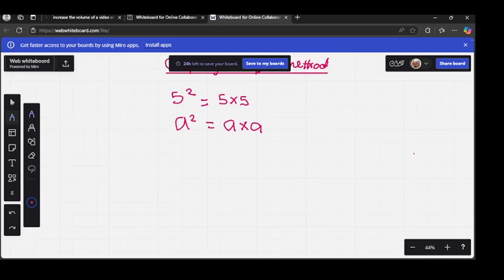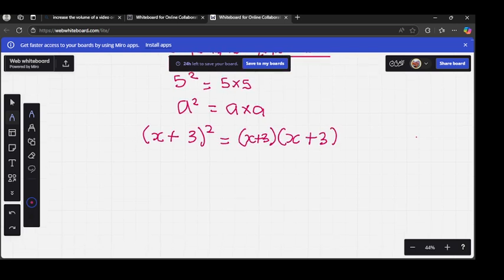Let's say now you have a term like (x + 3) all squared. It would also be x plus 3 multiplying x plus 3.